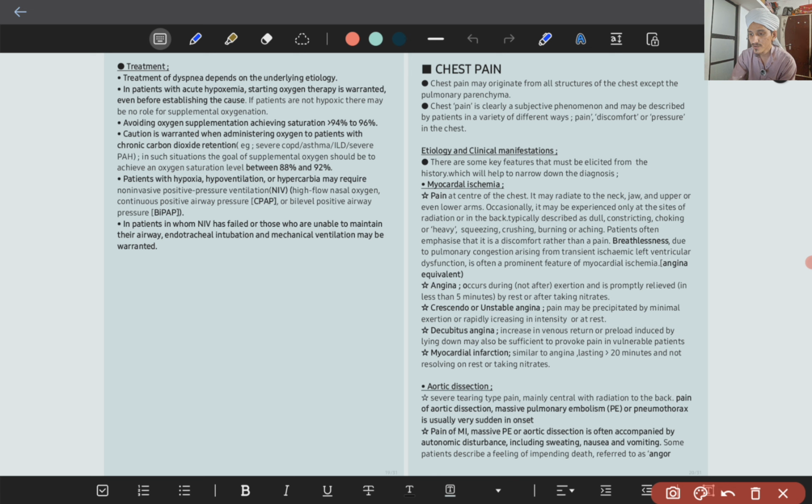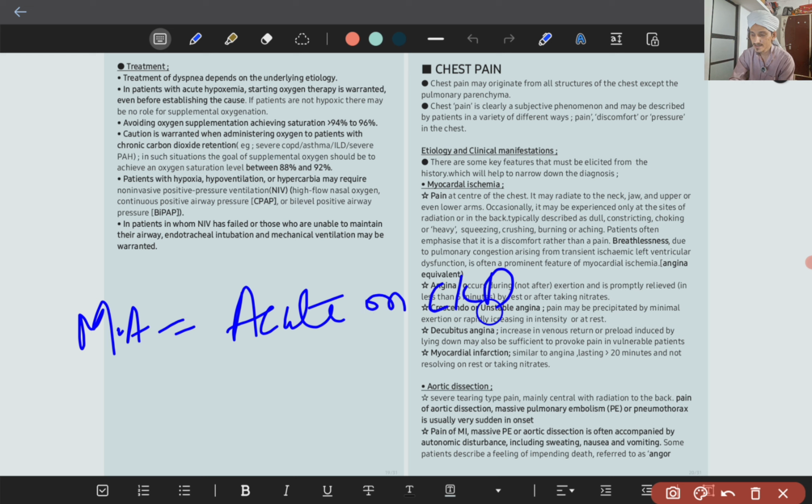Again this is a metabolic cause, metabolic acidosis, acute on chronic kidney disease, so you can give sodium bicarbonate.